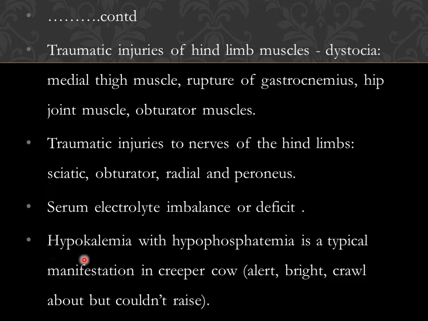If there is hypokalemia with hypophosphatemia, the animal is unable to get up, and it manifests as a creeper cow. The cow is alert, the cow is bright, but the animal is unable to get up and crawls about here and there, but couldn't rise.